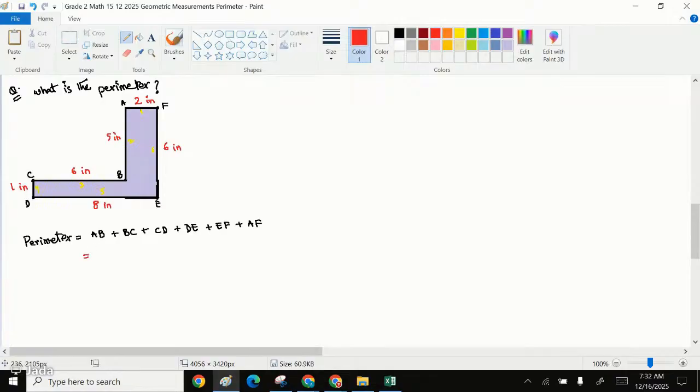Okay. The length of AB is 2, right? The length of B and C is 5. The length of C and D was 6. Sorry, human error, right?